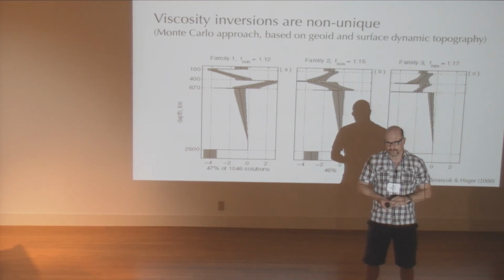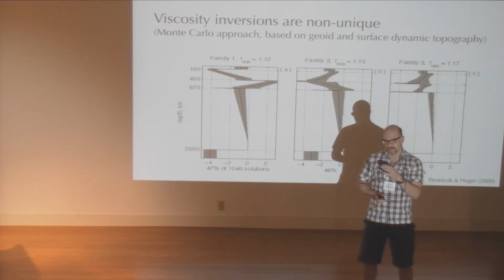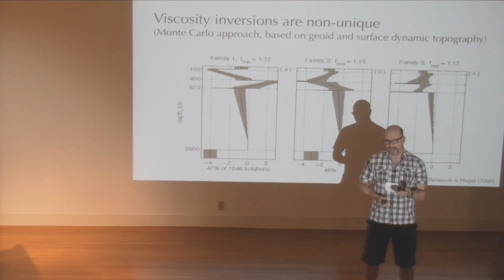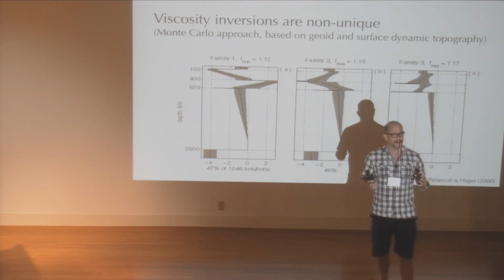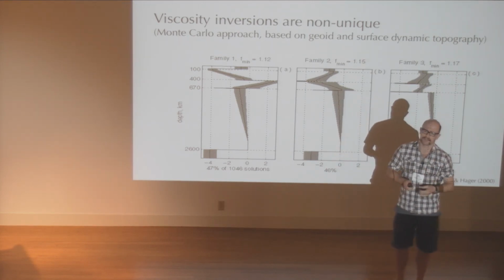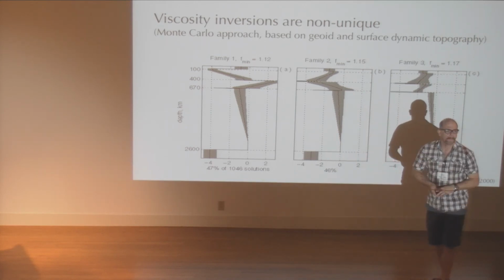But some of the numbers I mentioned are consistent with laboratory creep laws for meaningful grain sizes of millimeters or so. So I tried to give you a picture of the bulk behavior of the mantle that's not necessarily inconsistent with grain size dependent viscosity. That wasn't Louis' point, but just an aside.